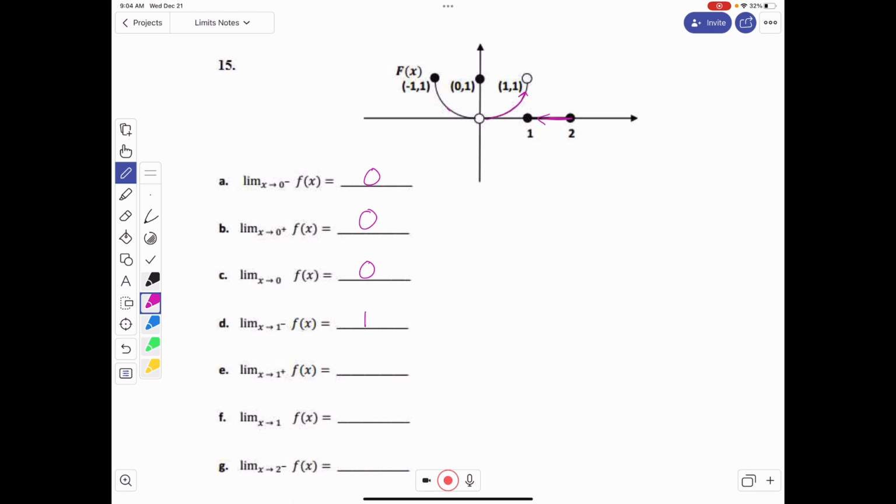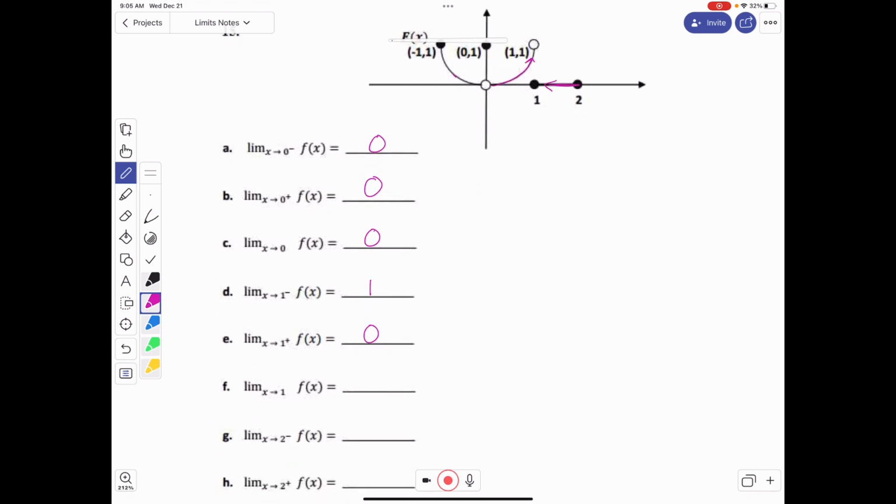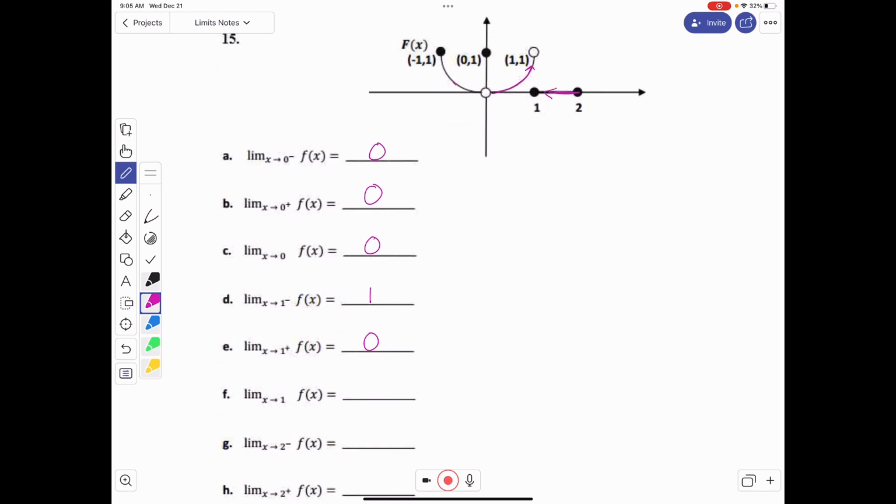So my y value there is going to be 0. If I approach 1 from either side, well, since these two don't match, this does not exist.